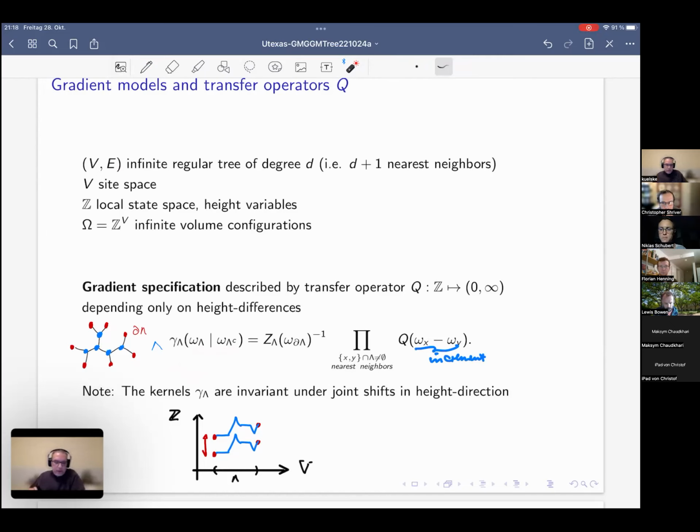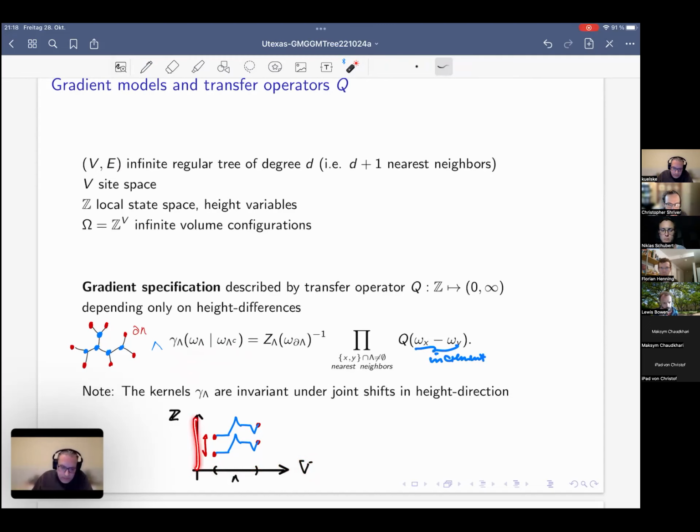Okay, and note, of course, you have this invariance of this specification. So here's a simple symbolic picture. Here's your base space, which is a tree effectively. But you could also formulate gradient specifications on other infinite graphs, for instance, the lattice Z^d, or even other ones.